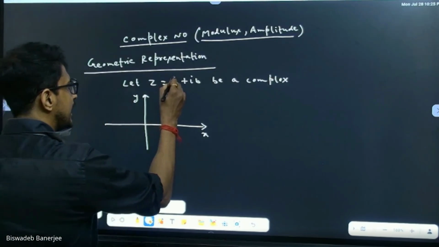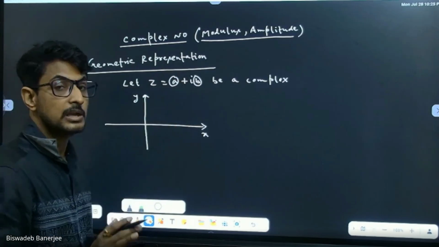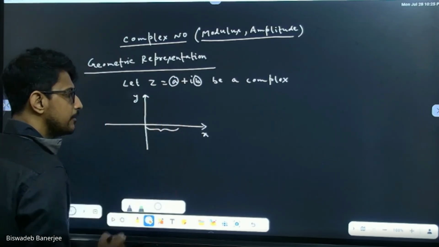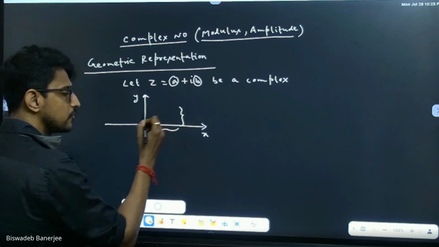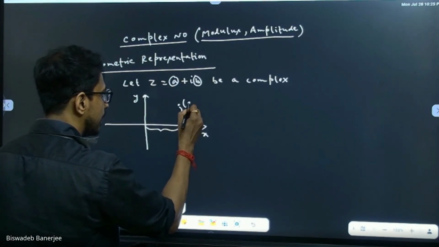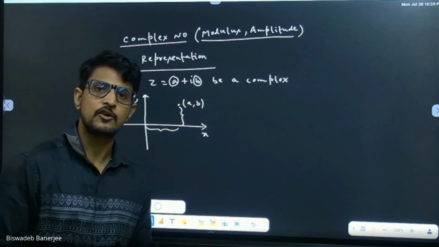So a is basically my real part and b is basically my imaginary part. Suppose this distance is a and suppose this distance is b. In that case, this point will be my (a, b), and this is my geometric representation of a complex number.